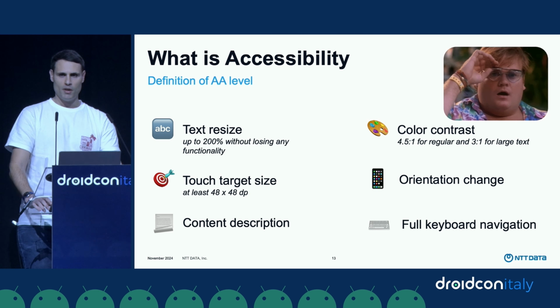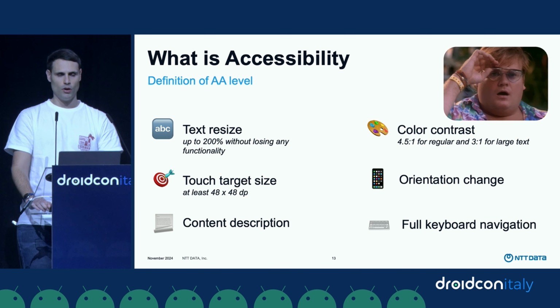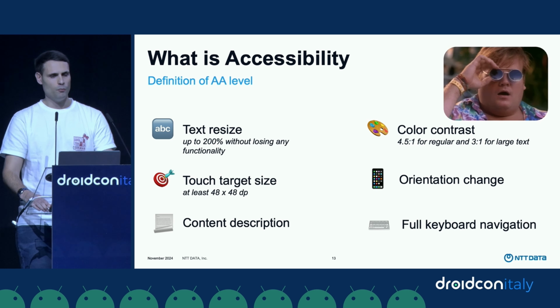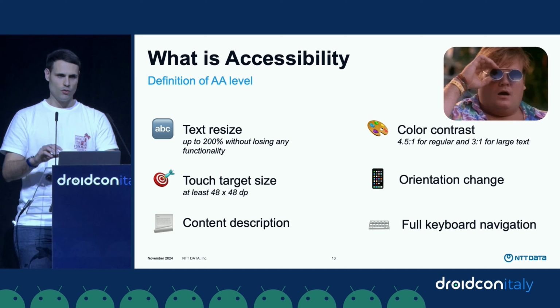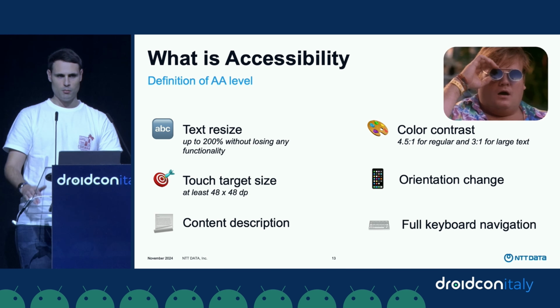We must guarantee a 48 by 48 dp size for all the interactable area. This is the touch target size. If you are using composables from the Material and standard libraries, they already have a constraint inside that the size must be at least 48 by 48 dp.